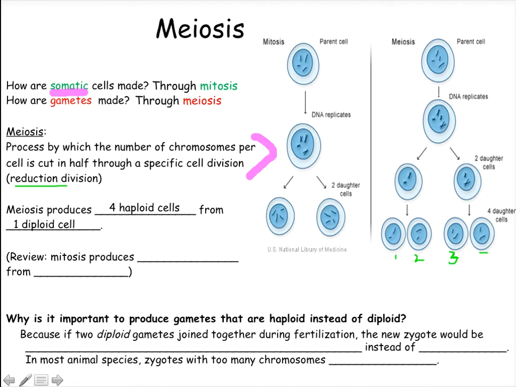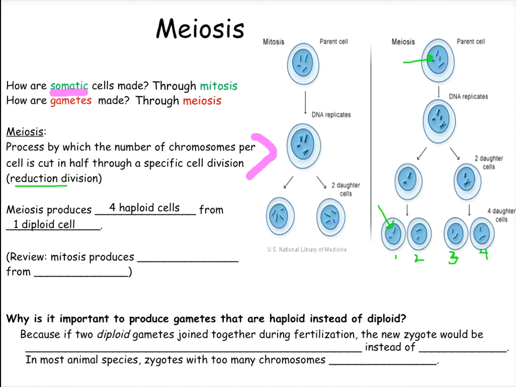And if you compare the number of chromosomes in the nucleus of each of these 4 cells to the original, you see that each of the new cells has half the number that the original had.